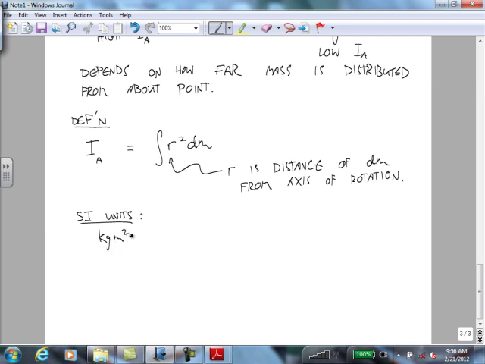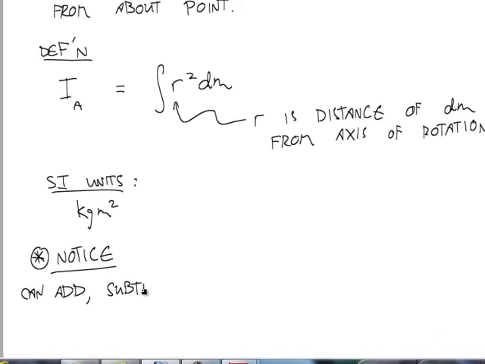And this is an important fact about it that comes from this integral definition. You can add and subtract moments of inertia as long as they're calculated about the same point. Okay.